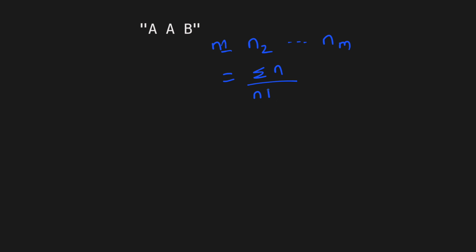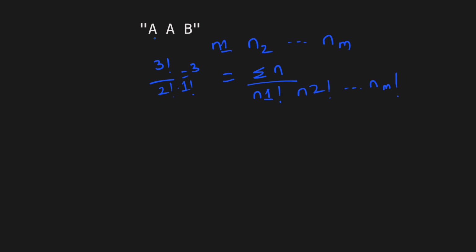So it will be n1 factorial, n2 factorial, all the way up till nm factorial. For example, for this string of length 3, the number of permutations of length 3 will be equal to 3 factorial divided by the count of A's, that is 2 factorial, and the count of B's, that is 1 factorial, which will be equal to 6 by 2, equal to 3.